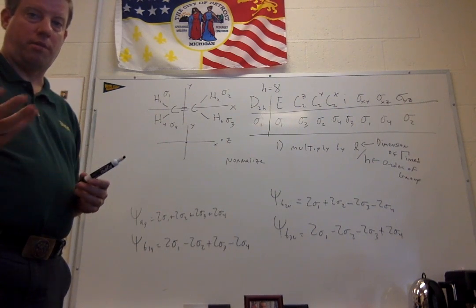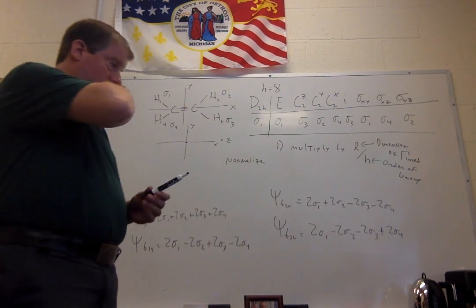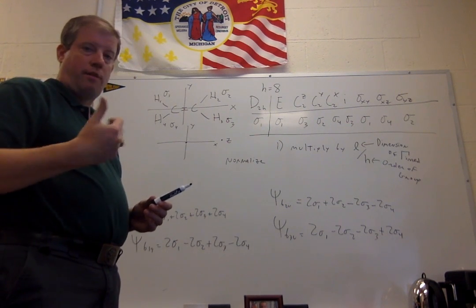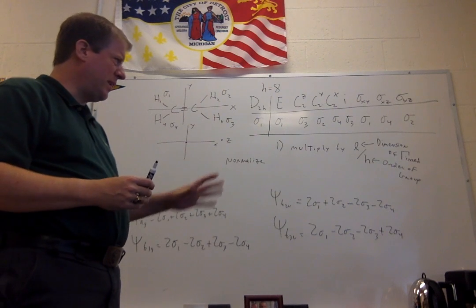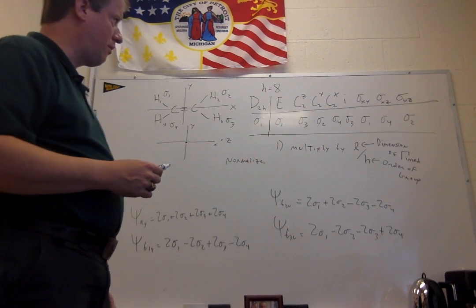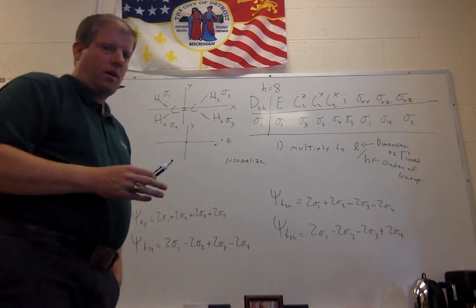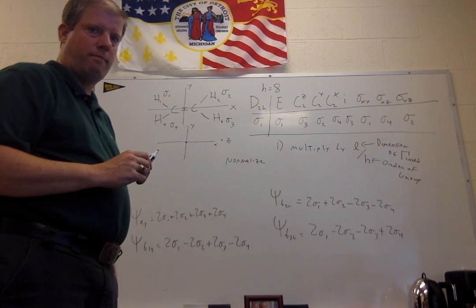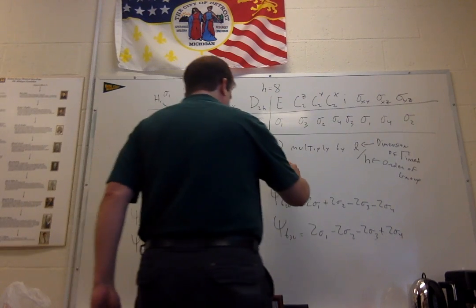Now if you had two-dimensional things in this, which we don't, L over H would be 2 over 8 or 1/4. And so your first thing here for all four of these when you normalize them is going to be 1/8. That's step 1.